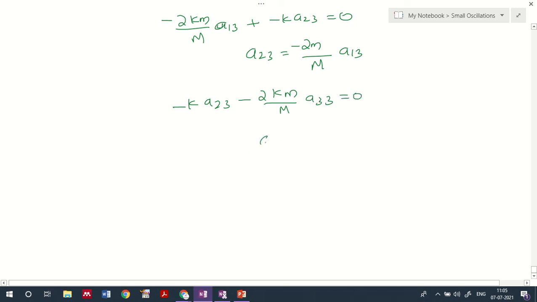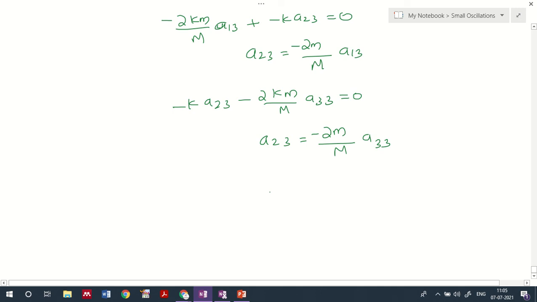So a23 equals minus 2m by capital M a33, which you get from this equation. And on the third, if you follow like this, the third equation becomes what?